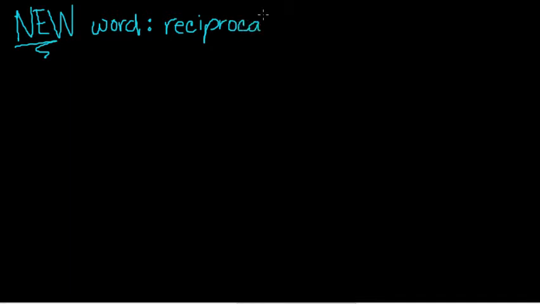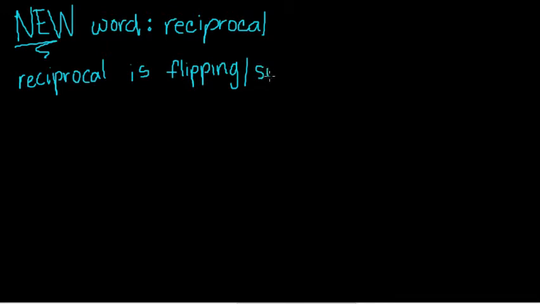Okay, next we have a new vocabulary word. So yes, you need to copy all of this down, but especially this one. This word is pronounced reciprocal. Okay, and the reciprocal is used in dividing fractions, and what it is, you're flipping or switching the numerator and the denominator in a fraction.